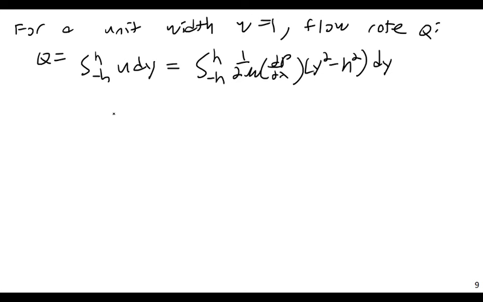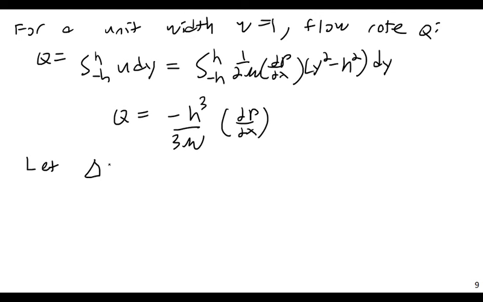And I will get then that q is equal to negative 2h to the third over 3 mu times the partial of p with respect to x. And then I can say let delta p be the pressure drop over a length L.